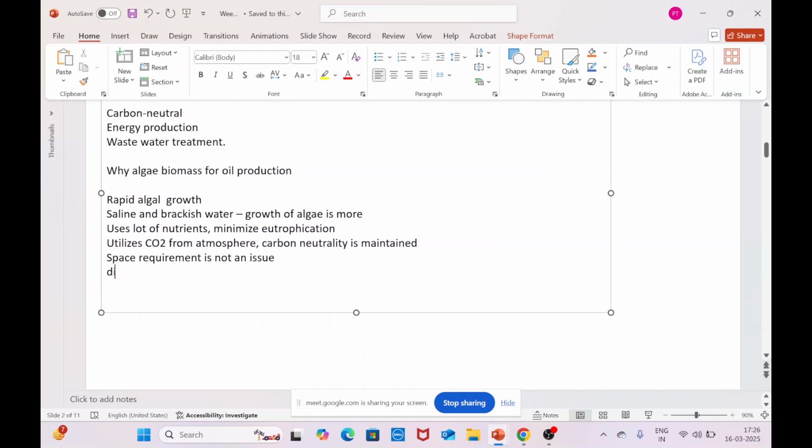Diverse species of algae are available, so that makes it an attractive source, making it suitable for the energy extraction process.